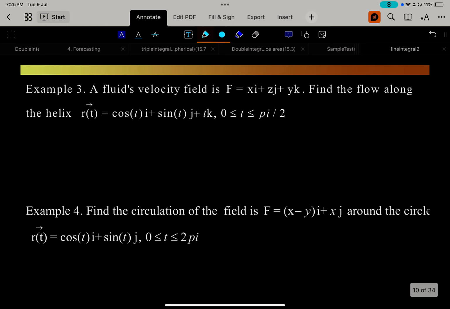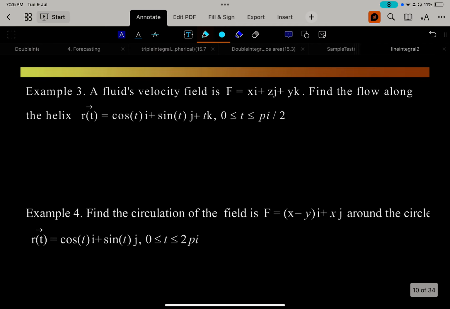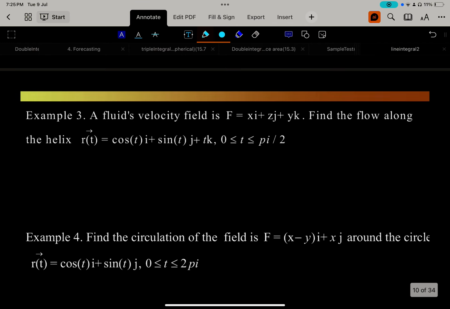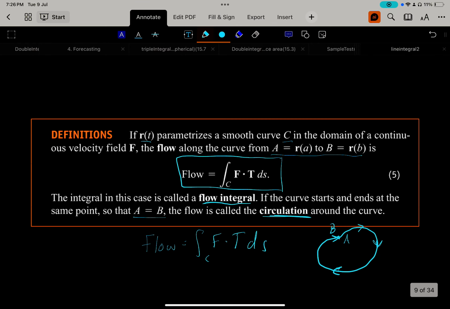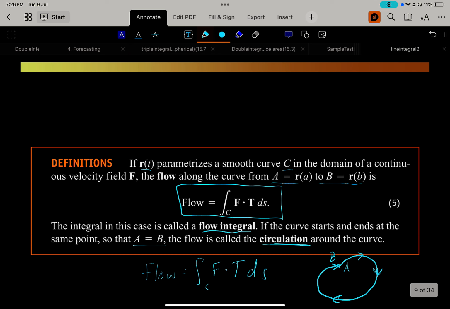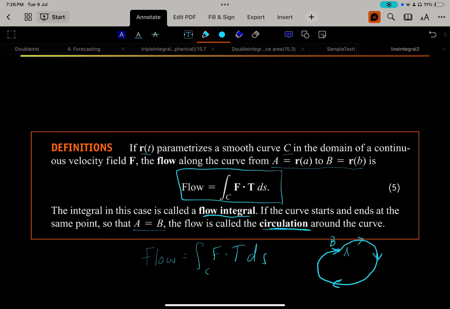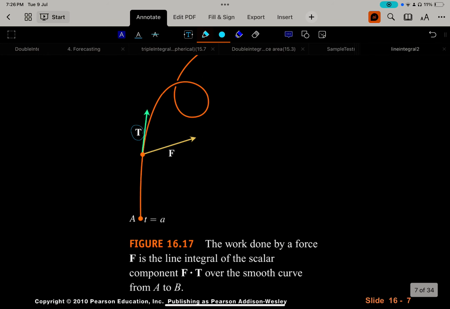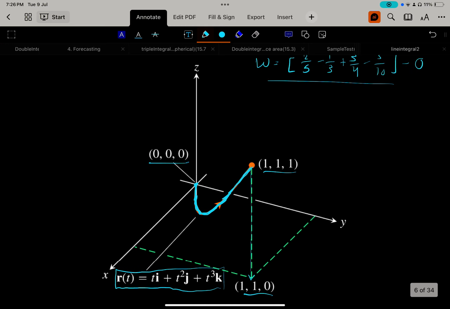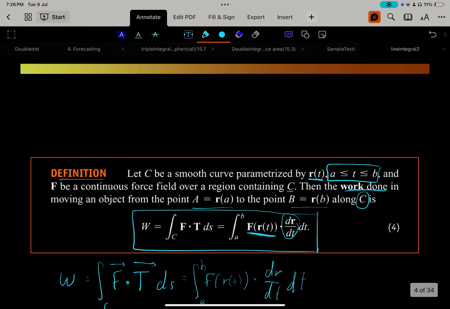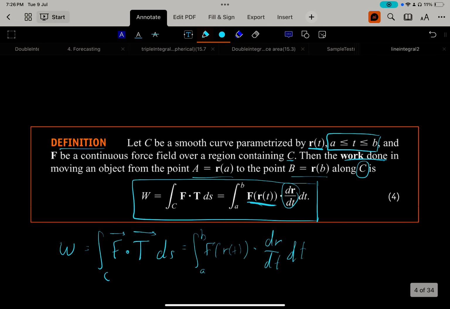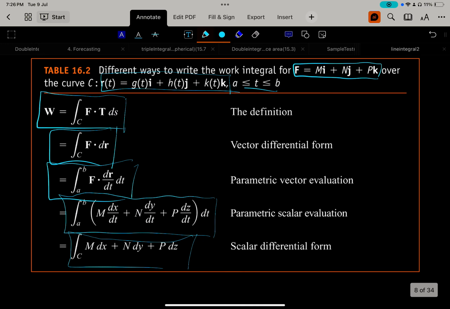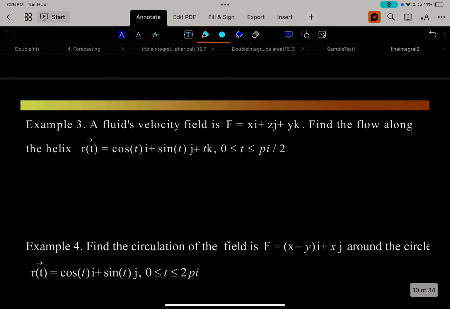Now, let's try to find the flow for an example. Okay, let's find the flow.